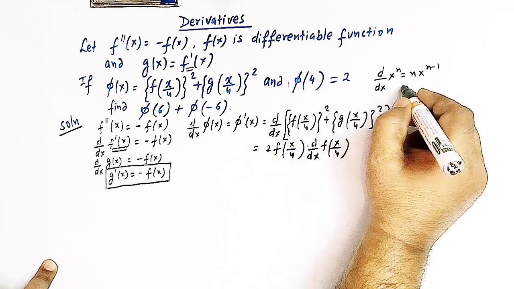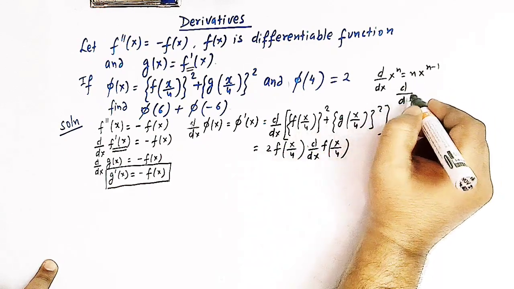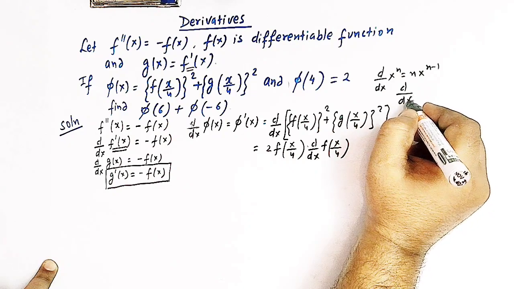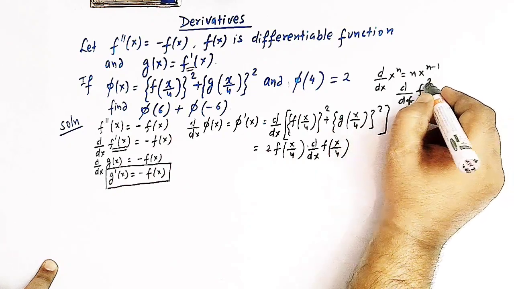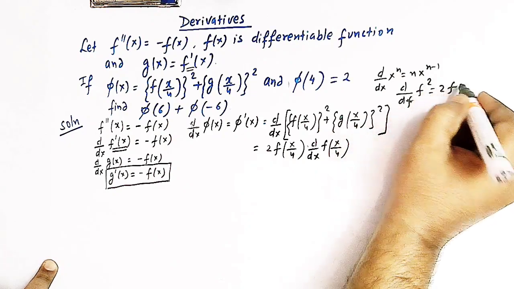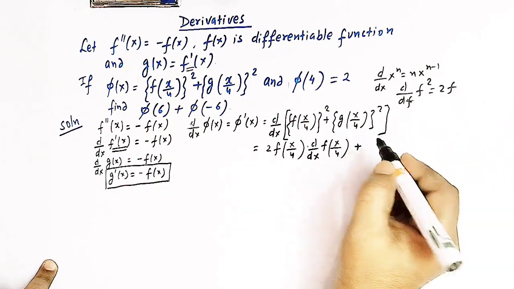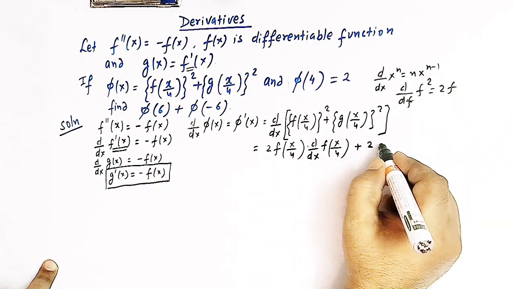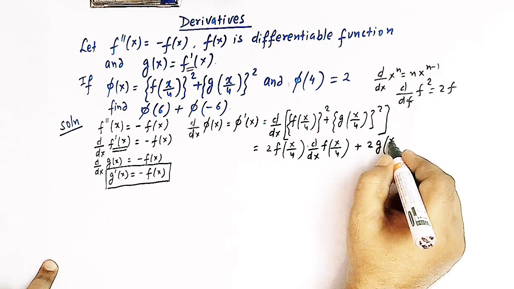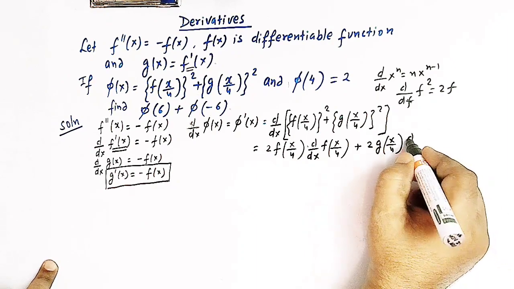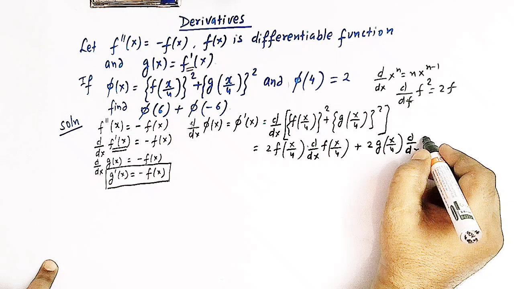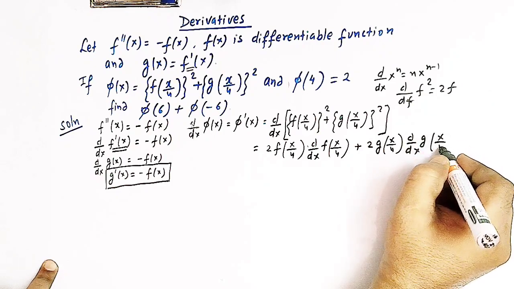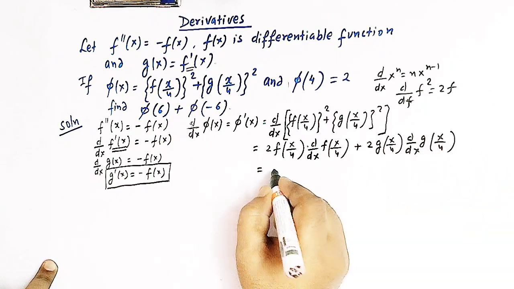So first we have calculated d by df of f square, that is 2f, right? And now here again we'll follow the same steps. So we have 2 times g of x over 4, and then d by dx of g of x over 4.